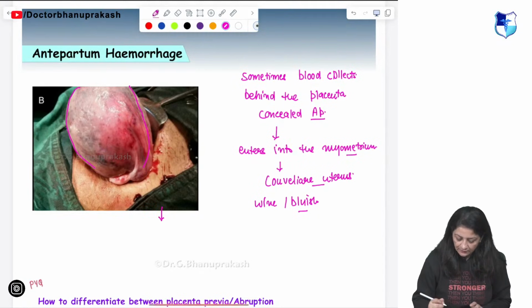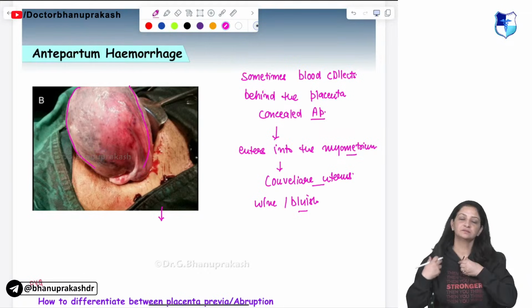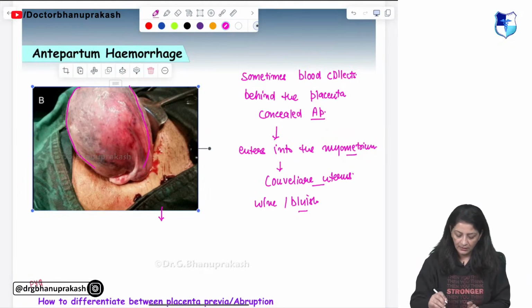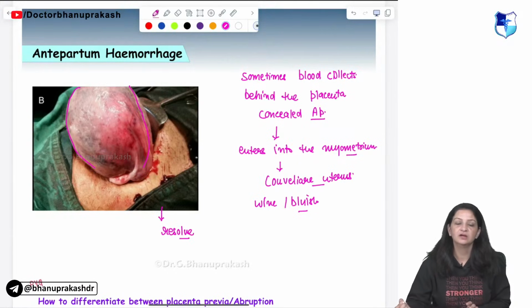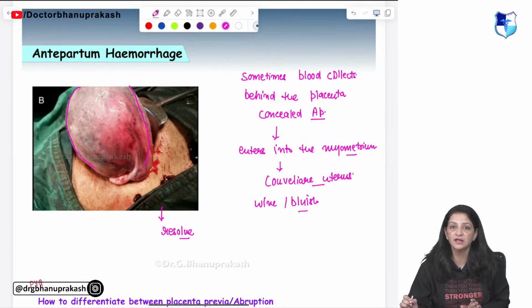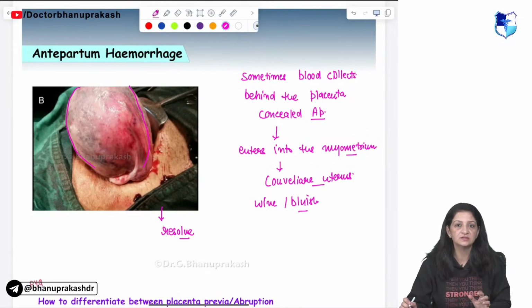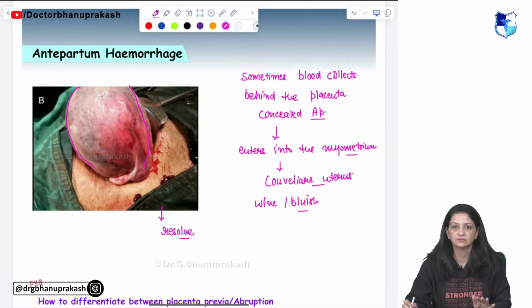It is not an indication for hysterectomy. It will resolve. Just wait and watch, give some tocolytic agents, and it will resolve.